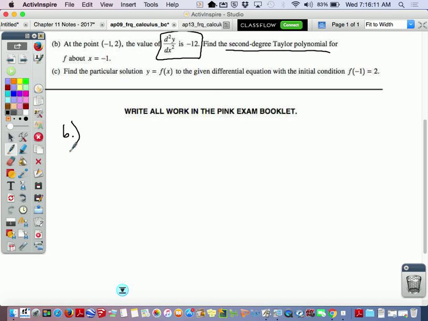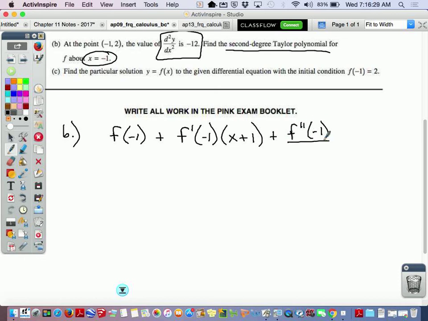If we're going to do a second degree Taylor polynomial for f about x equals negative 1, the general form of this second degree would be f of negative 1 plus f prime of negative 1 times x plus 1 plus f double prime at negative 1 over 2 factorial times x plus 1 squared. We have a plus 1 because our center is a negative, so it's x minus negative 1, which gives us a plus 1.